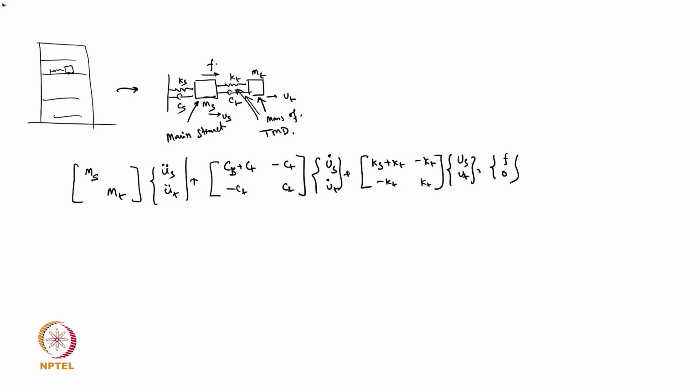So from here, if we try to express that full thing in the Laplace domain, we are just assuming that the response is U_s equal to capital U_s into e to the power of lambda t, as we are using lambda all the time.